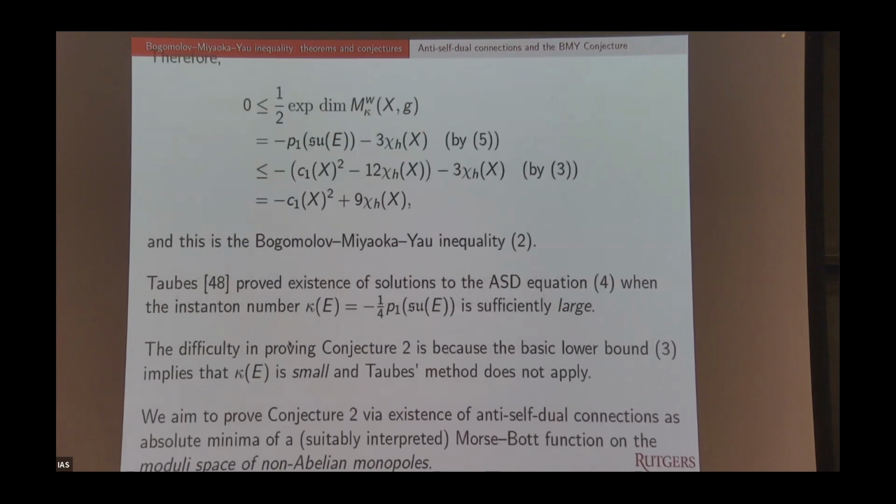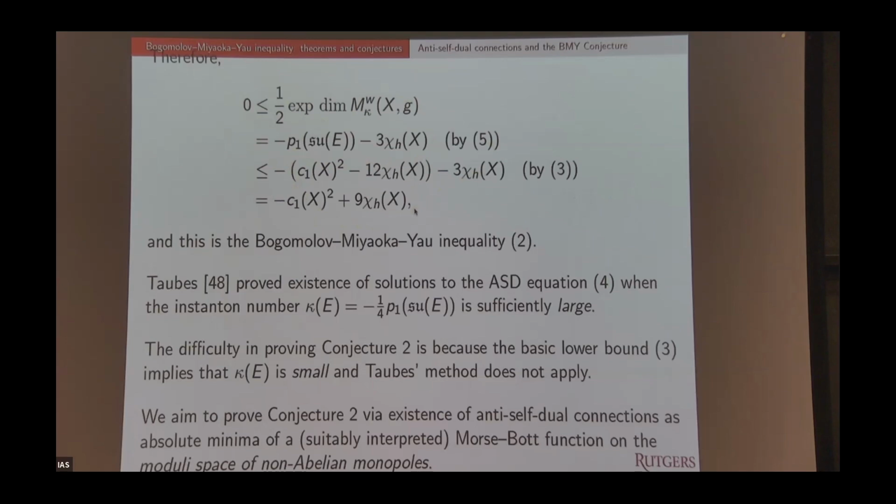It's the actual dimension. And then you just turn this inequality around. One half the expected dimension is this quantity here. To get this inequality, I've just plugged in this topological constraint on the original SO3 bundle. And then out pops the B and Y inequality.